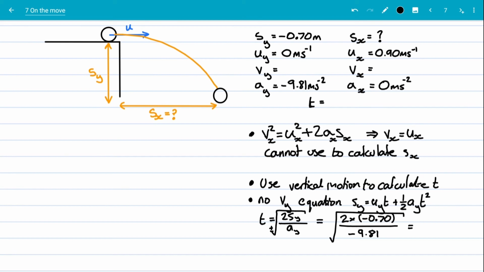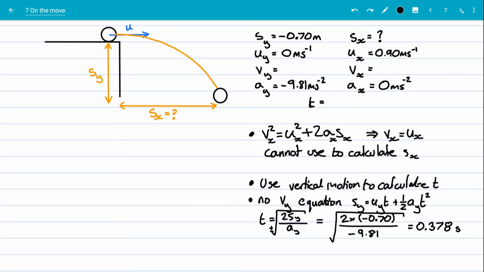So 0.7 multiplied by 2, I could have done that in my head, divided by 9.81, and then all under the square root. And I've got 0.378 seconds. I'm going to use 3 significant figures for this intermediate calculation, because this data is 2 significant figure, that's 2 significant figure, so I'm going to be rounding my final answer to 2 significant figures.